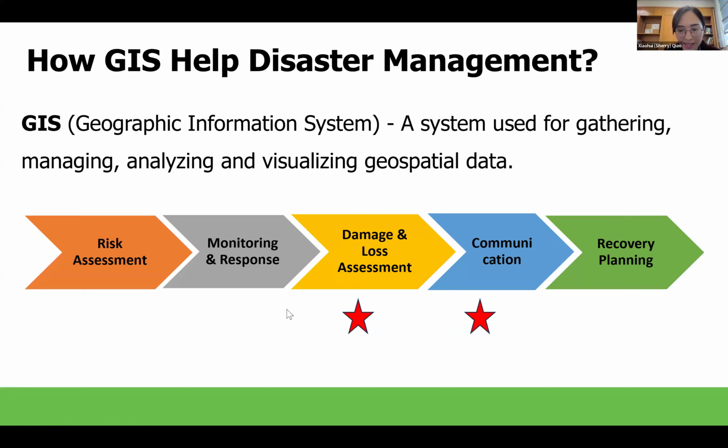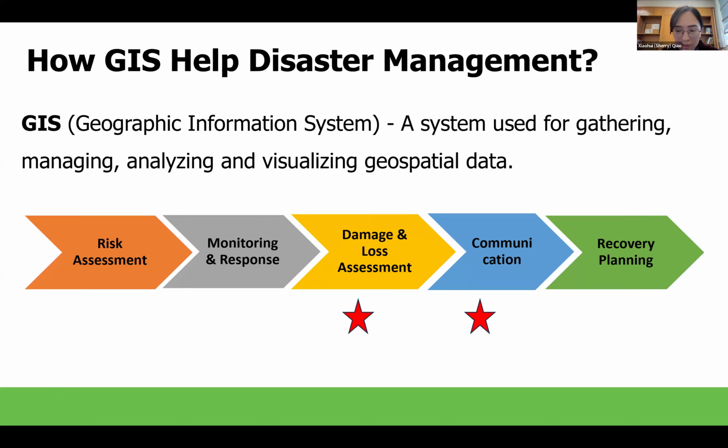GIS can support all phases of disaster management, from preparation to mitigation, and to response and recovery. For example, in preparation, GIS can help identify areas that are most at risk. During the event, GIS can help track the real-time progress of the event and help us locate the people who need help.